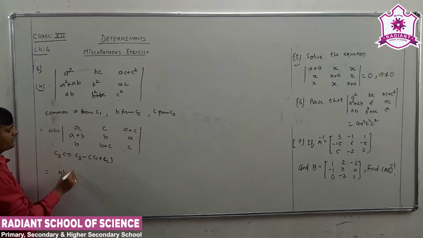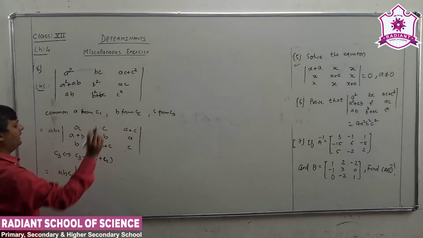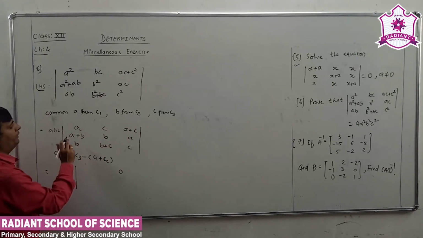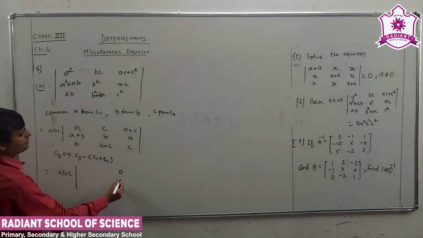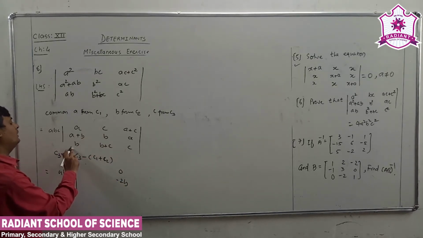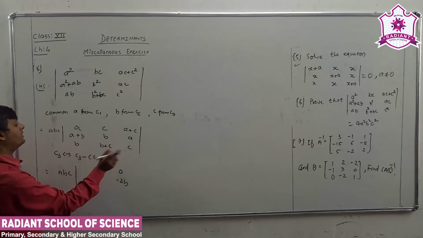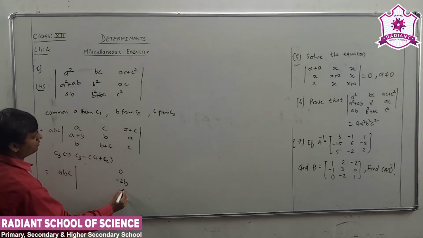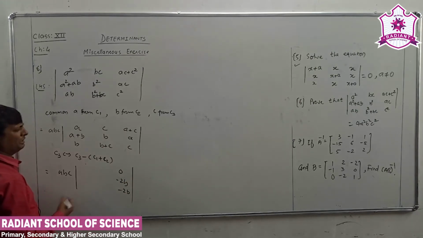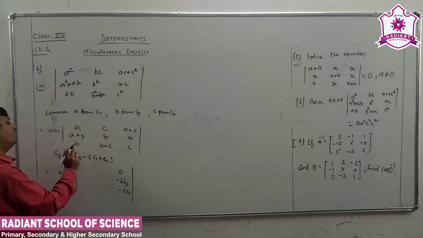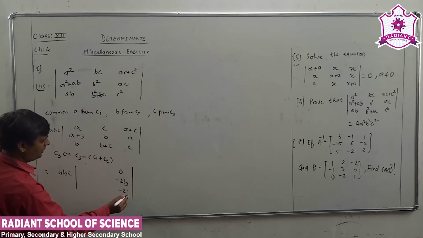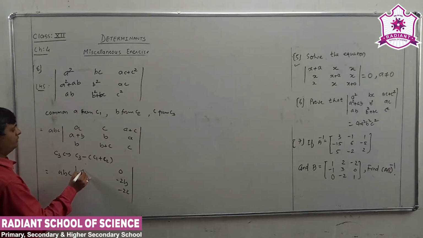So here A, B, C is a quick decision. Okay, so C1 plus C2, A plus C, that means I think 0. Here A cancel and minus 2B, right? Again this 2 and C cut, but minus 2B, right? Both are minus 2B. Here A cut and here B cut. So here 2C.